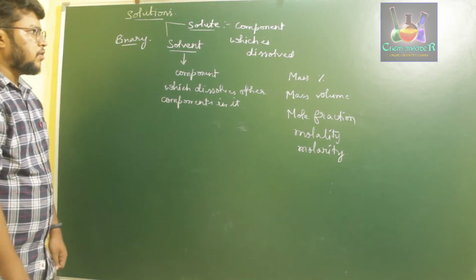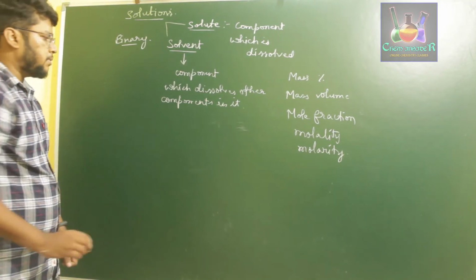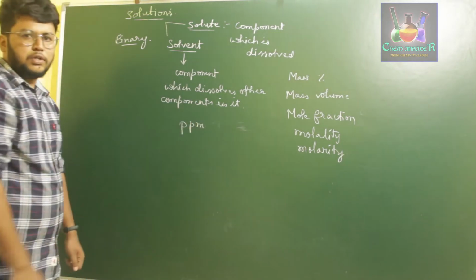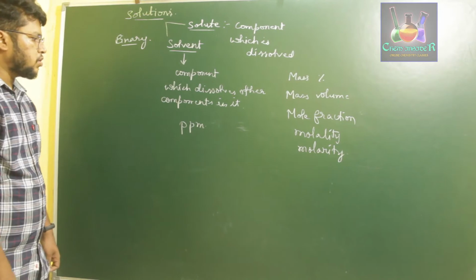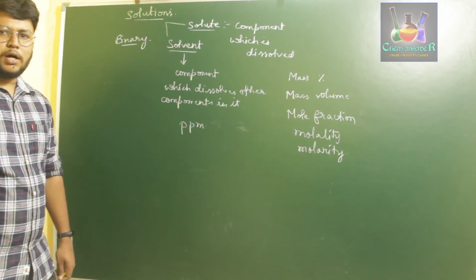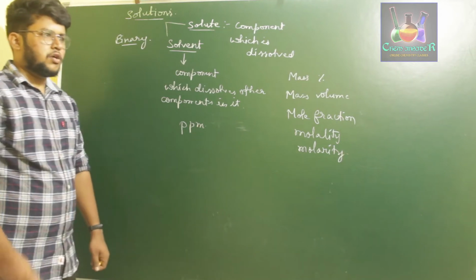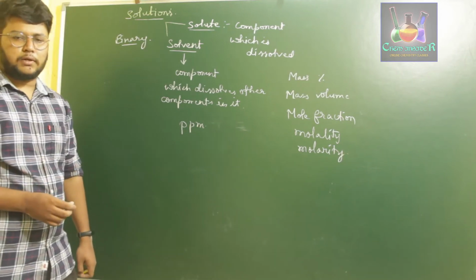We have one more type here, which is parts per million. If we have very minute traces of solute dissolved in a solvent, then we consider it as a parts per million type of expression. For example, consider the concentration of fluoride present in water.